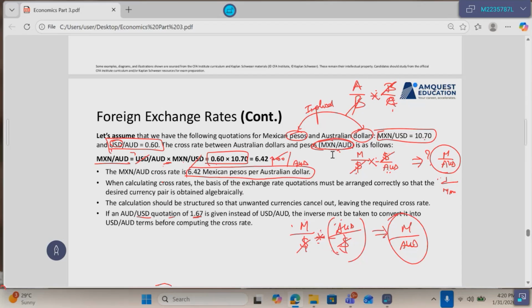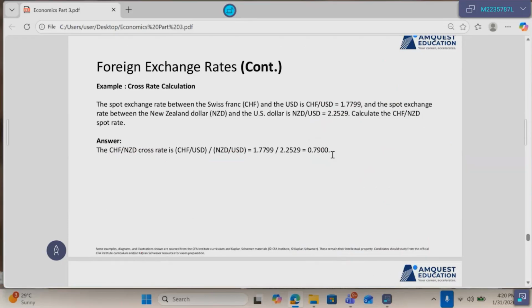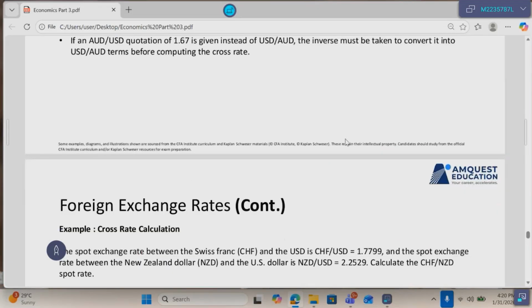Clear? Any questions? Okay. So this is very critical. I'll do one more illustration later. You guys tell me what do you think is the answer in this case? Solve this for me, this one. I'm giving you the Swiss franc to dollar rate. I'm giving you the New Zealand dollar to dollar rate. Yahan pe dono denominator mein dollar hai.